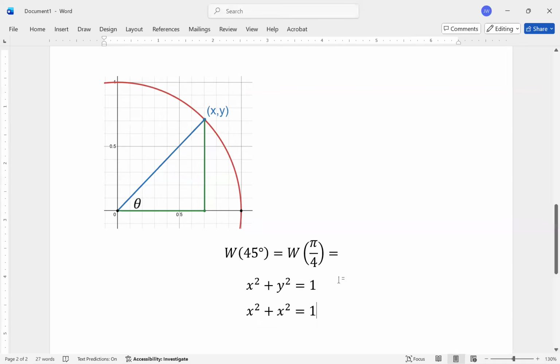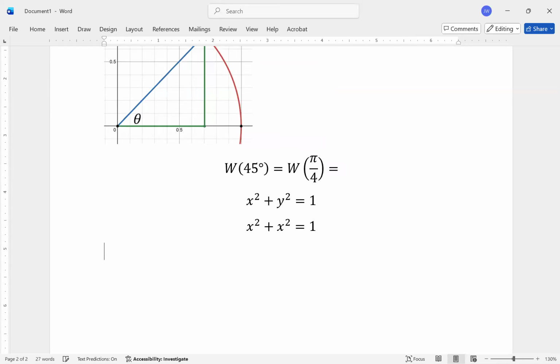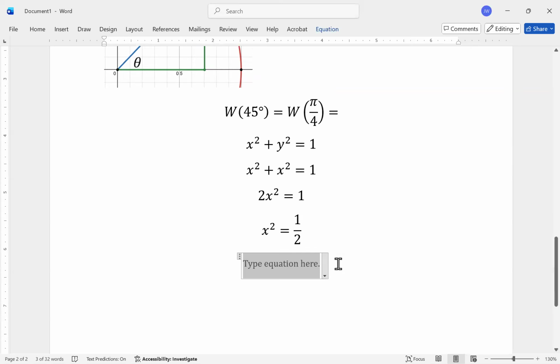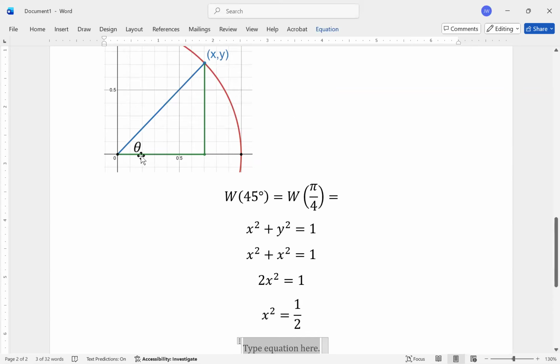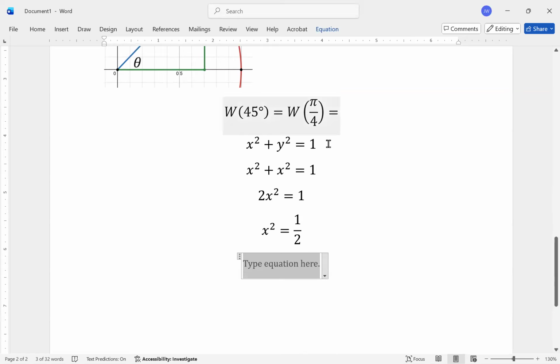So let's go ahead and solve that for x. We'd end up with 2x squared is equal to 1. Dividing both sides by 2 would give me x squared is equal to 1/2. And then I can take a square root of both sides. First off, I should say x has to be positive because it's going from 0 to the right in this diagram. So x is going to be positive. I'll take the positive square root.